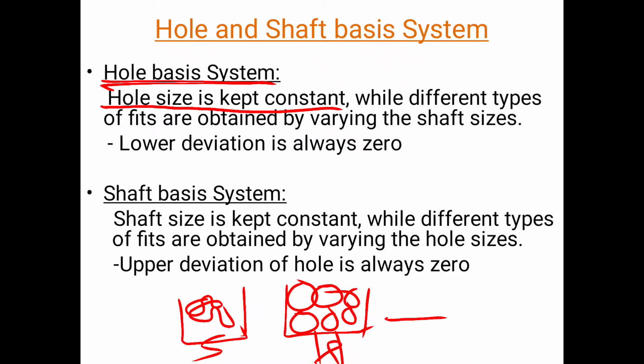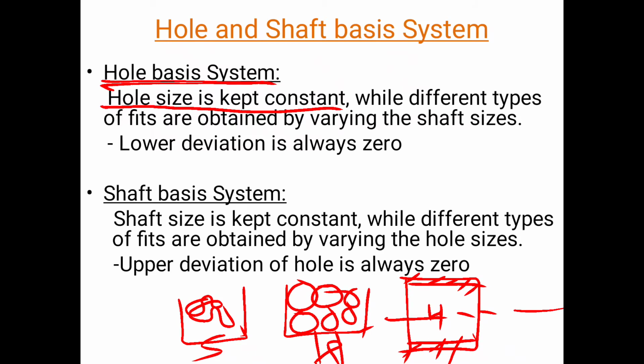Suppose this is the center line, and this is the hole. I am going to show the tolerance on both sides. Now see, this is the hole H having some tolerance.